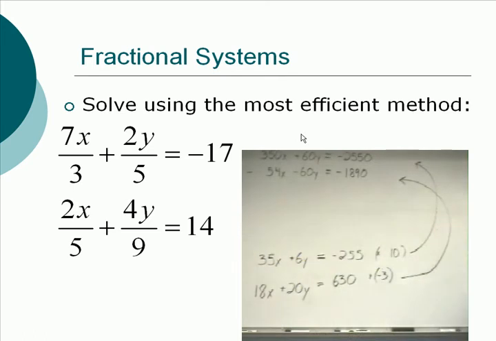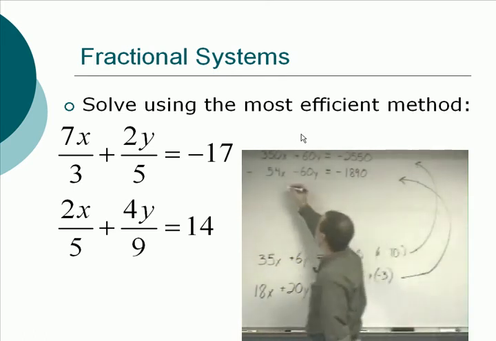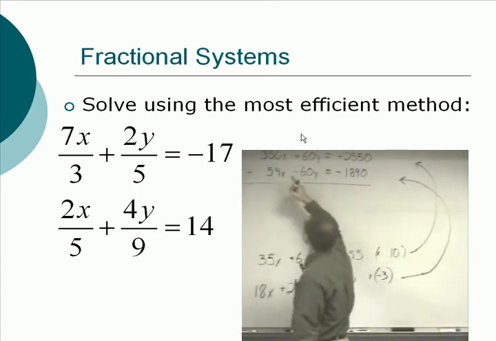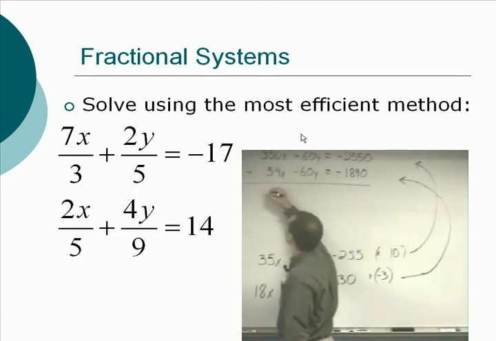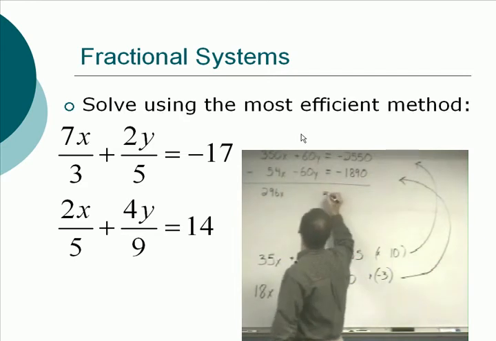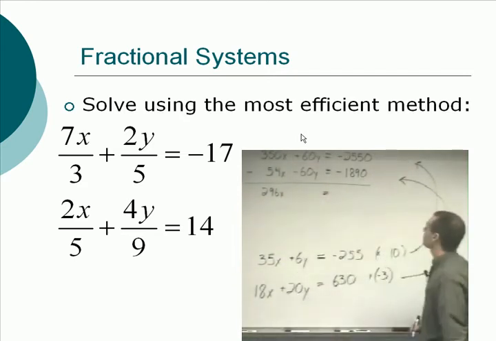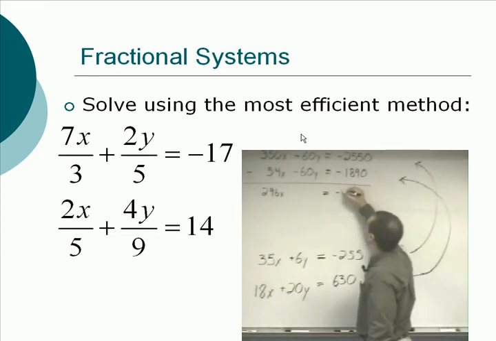Okay. Well, now we can combine these two equations and eliminate the y's. We end up with 350x minus 54x, that's 296x, equals negative 2550 minus 1890. Negative 4440.